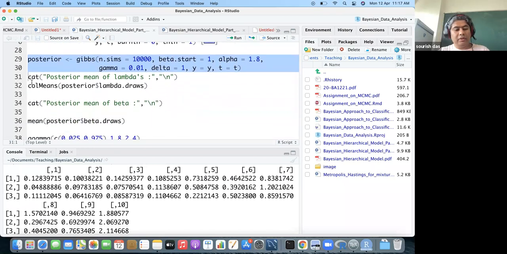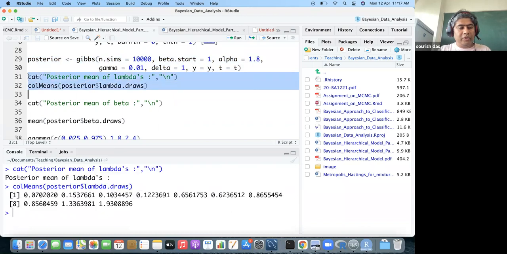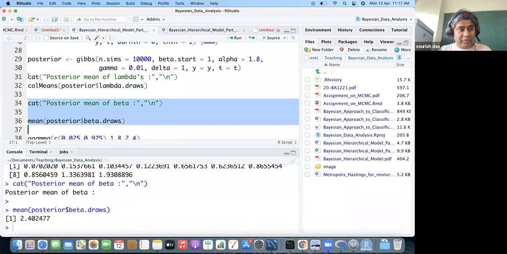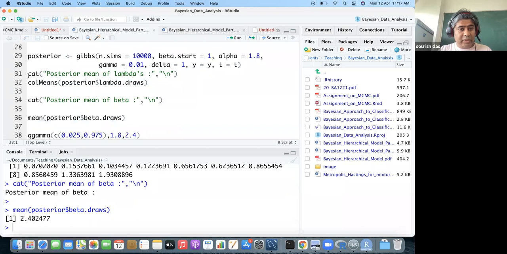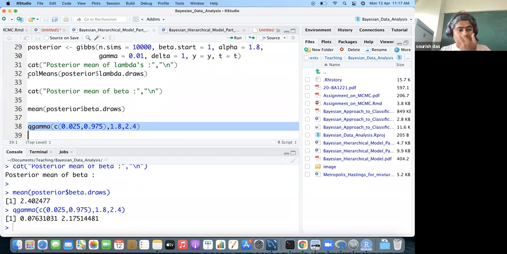So then you do the posterior means. These are the posterior means, and this is the posterior beta. And then these are the 25%.